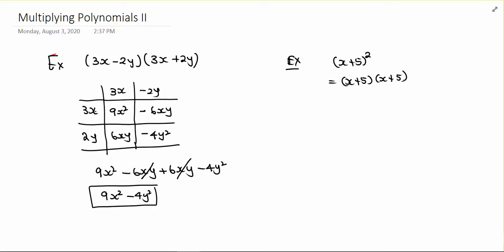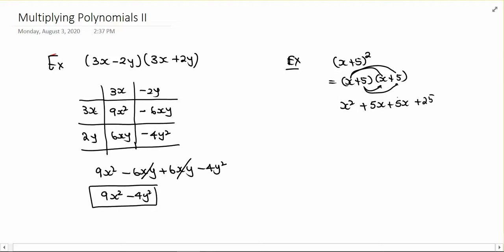I will just go ahead and distribute through. So x times x is x squared, x times 5 is 5x, 5 times x is 5x, and then 5 times 5 is 25. So that's x squared plus 10x plus 25.